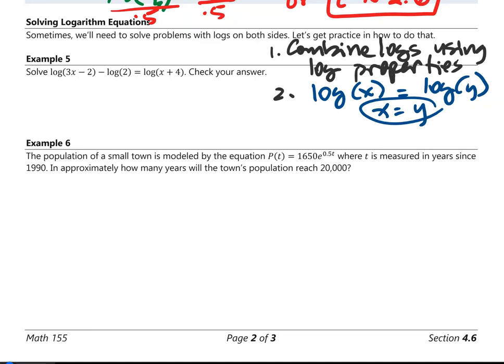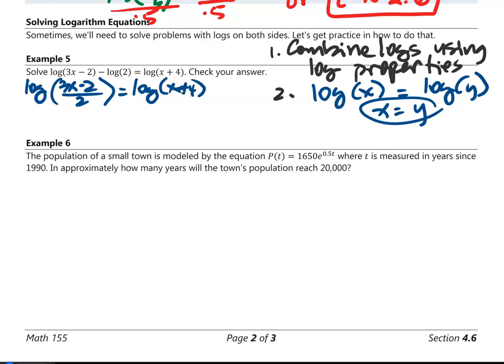Example number 5, solve log of 3x minus 2 minus log of 2 is equal to log of x plus 4. The left side, we can combine as log of 3x minus 2 over 2 equals log of x plus 4.